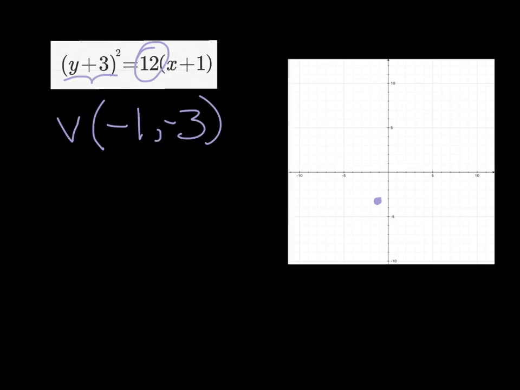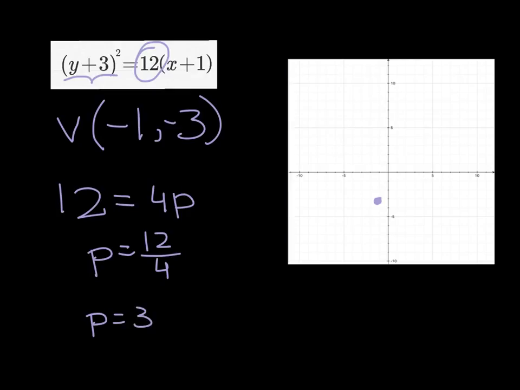As 12 is positive, 12 equals 4p. So p, the distance between vertex and focus, equals 3. So the focus will be 1, 2, 3 units to the right. This will be the focus. And the directrix will be 1, 2, 3 units before the vertex.